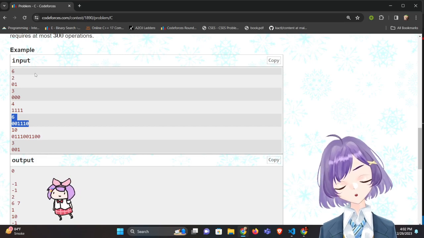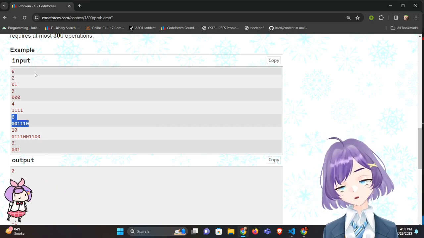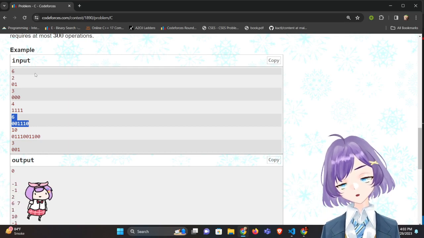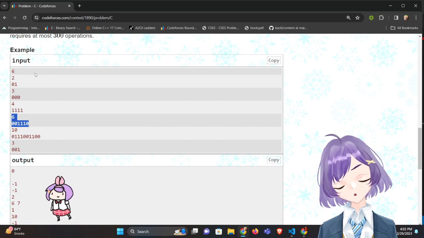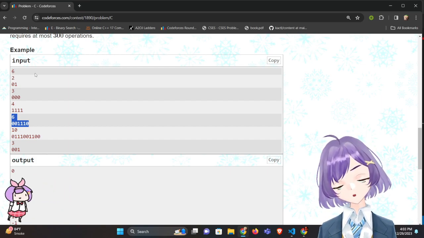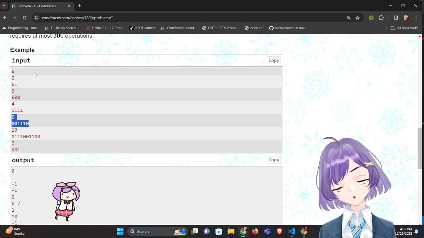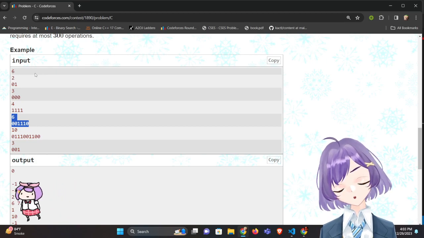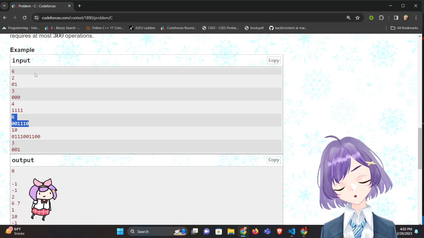So I will add a 0, 1 to the right side. 1, 1, 1, 0, 0, 1. These two are not equal, but these two are equal. So I will again add a 0, 1 to the right side. 0, 1, 1.